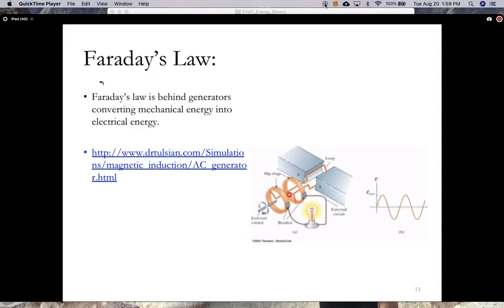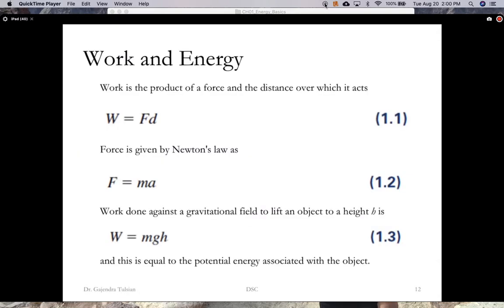Solar cells are not based on Faraday's law, so in the future we'll be producing electricity in a different manner. But right now, Faraday's law and this generator is how we produce all our electricity, at least. You can go to this link and look at that simulation again.